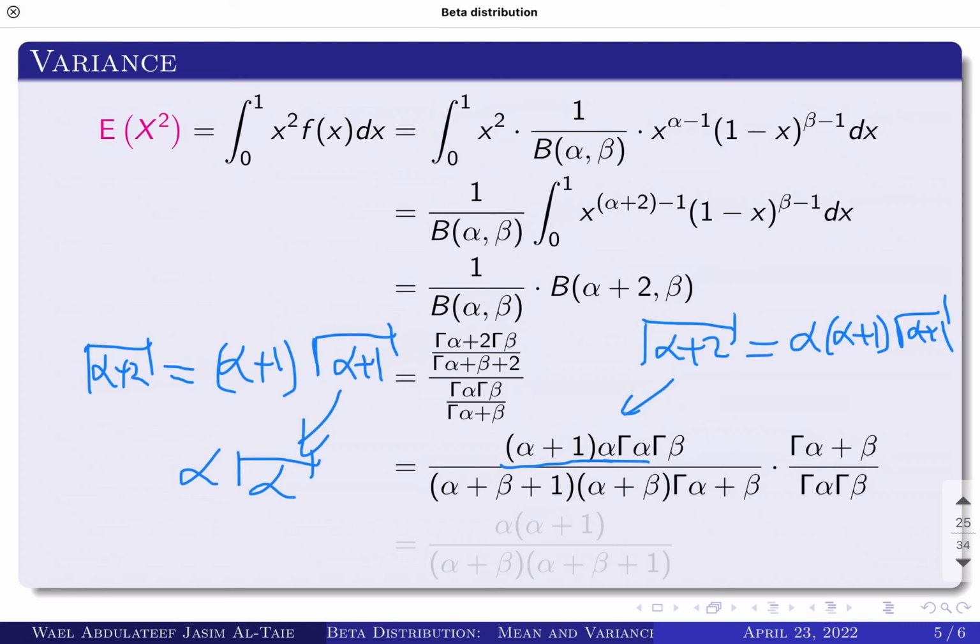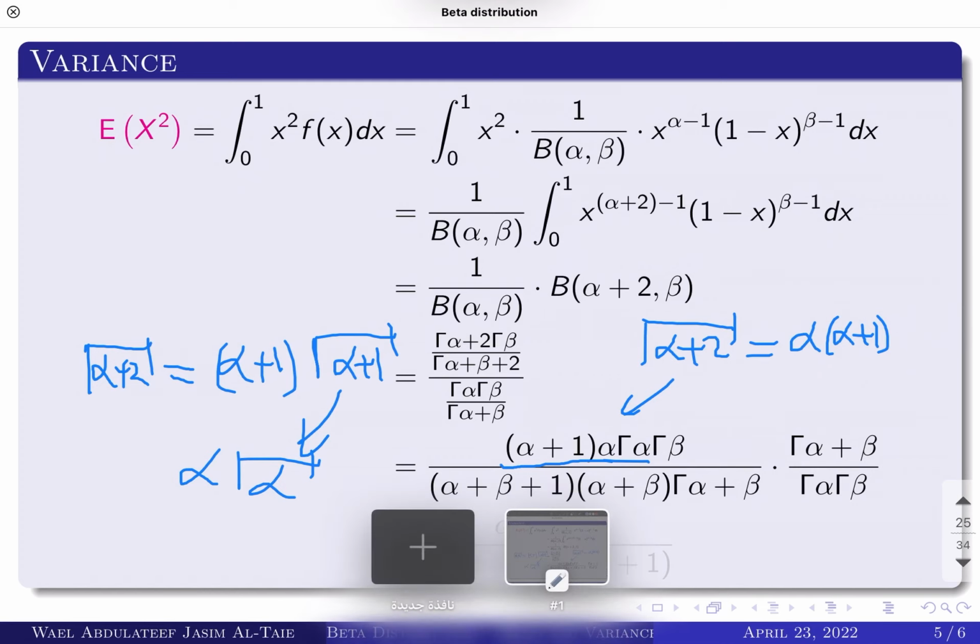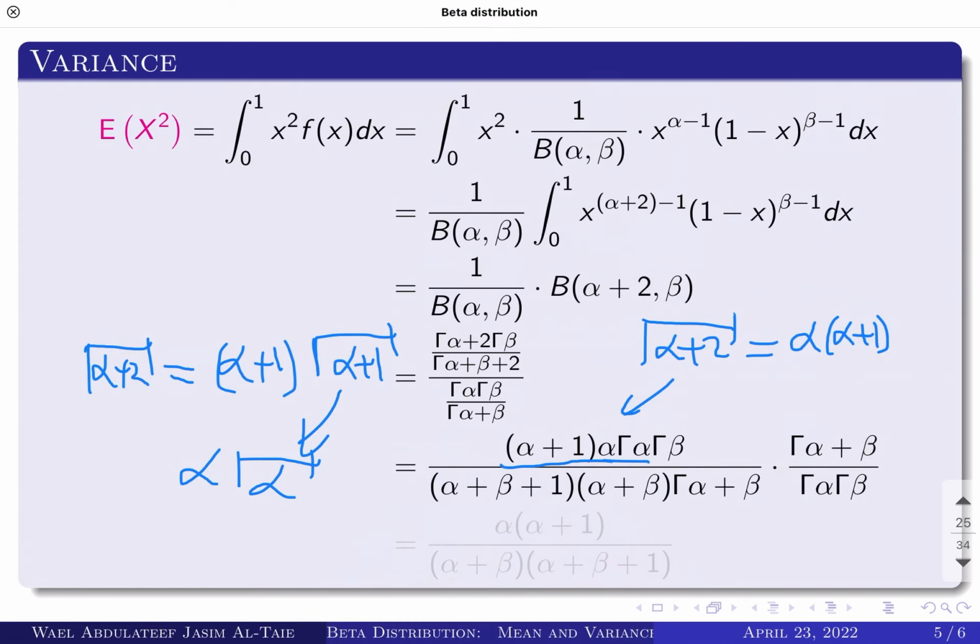Sorry, it's gamma of alpha here. So this one equals alpha plus 1 times alpha times gamma of alpha.